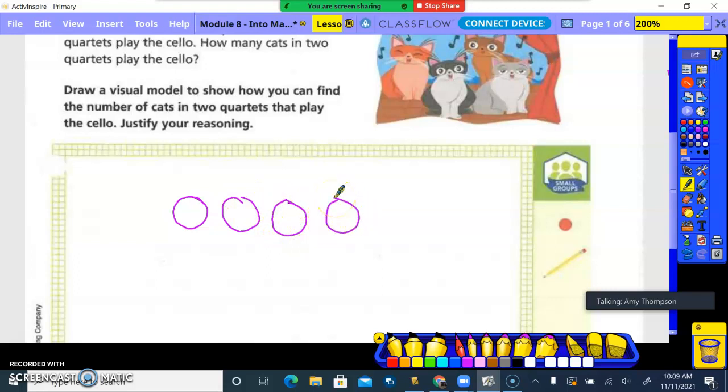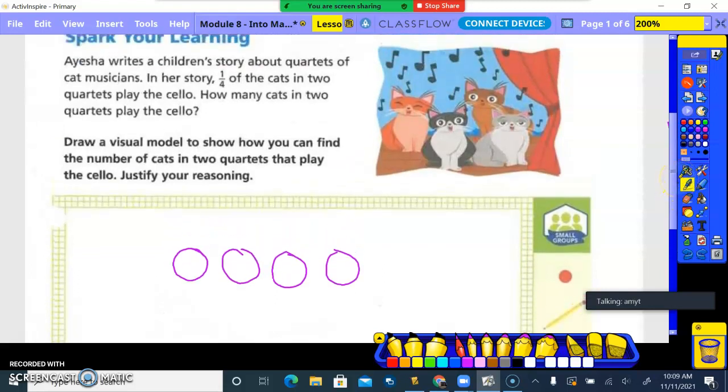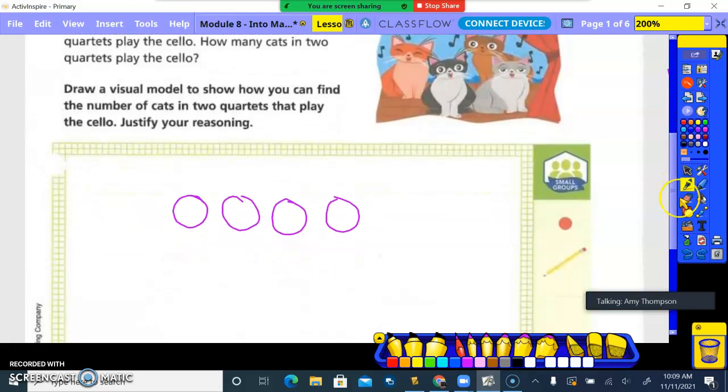But how many quartets are there? Well, there's 2 quartets. And then they want to know how many, and there's only 1/4 in each one, right?